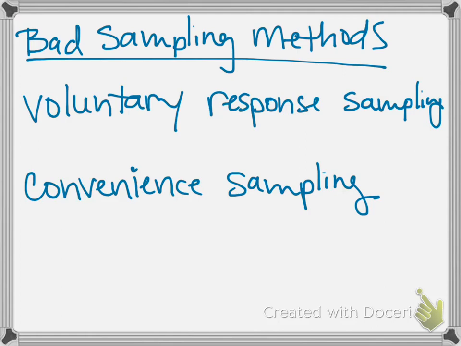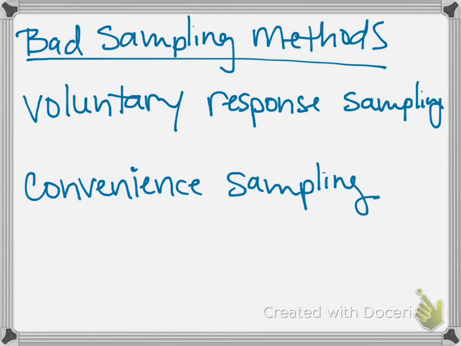With convenience sampling, again, that is exactly what it sounds like. You're just taking a sample from whatever data set is convenient to measure. A bit like the example we gave in class today when we were talking about the average height.